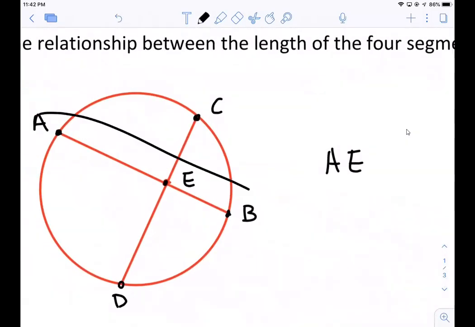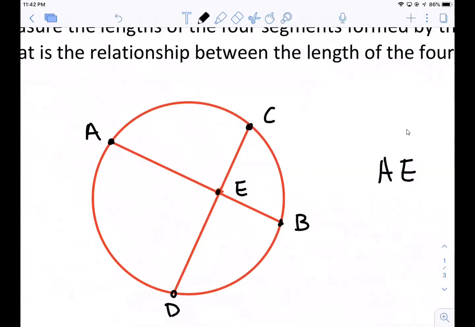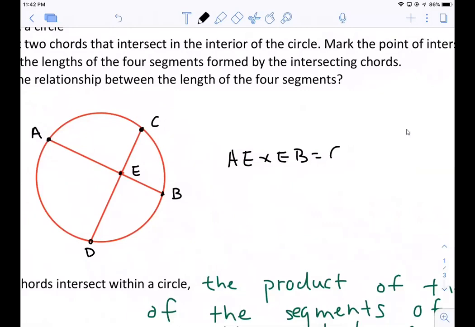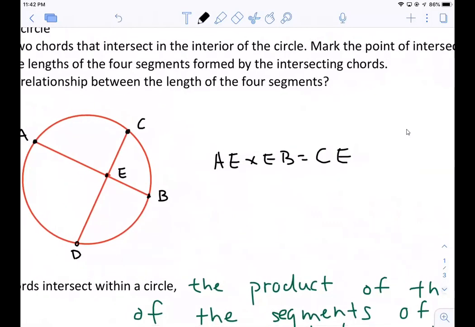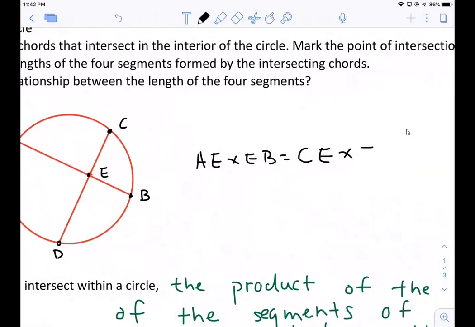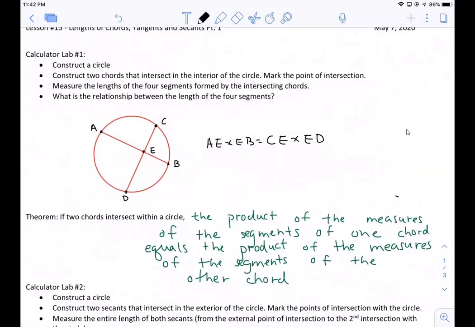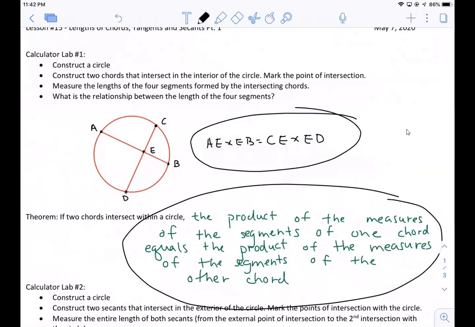Here's one chord AB, and the measures of the segments of that chord are AE and EB. So the product of those measures, AE times EB, is going to equal the product of the segments of the other chord, which are CE and ED. So that's what that theorem is saying. Again, a lot of words, pretty simple idea though.